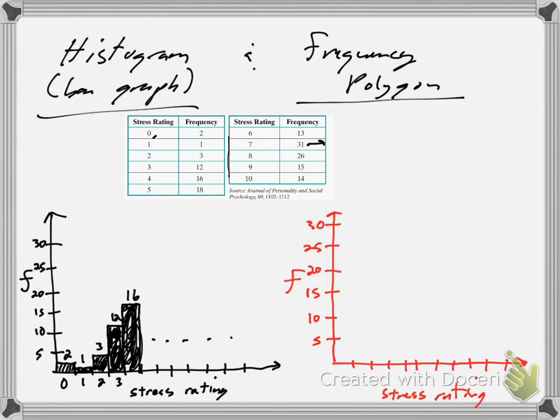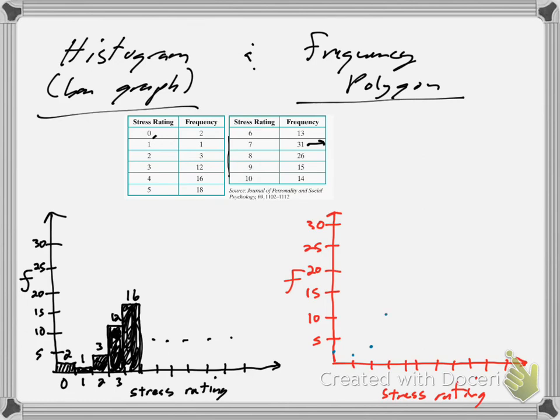So at 0, now what I do differently is I put a dot, I plot a point. So at 0 stress rating, we have a frequency of 2. At 1 stress rating, we have a frequency of 1. At 2 stress rating, we have a frequency of 3. At 3 stress rating, we have a frequency of 12.